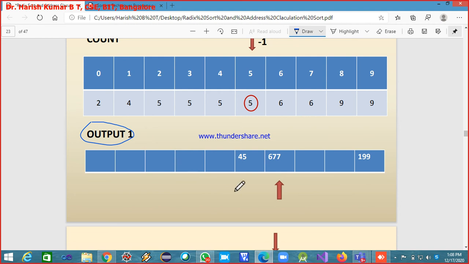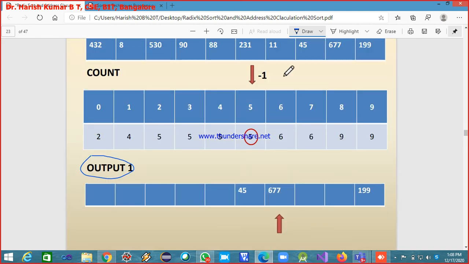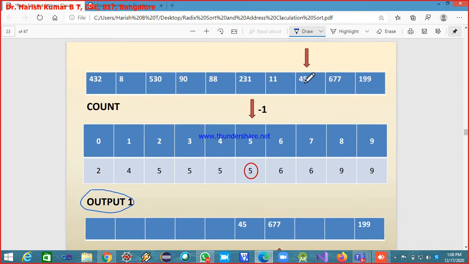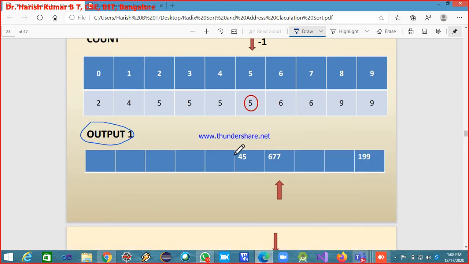Okay. Now, so 45 is taking the position. You can see the arrow. So it is not 231. So 45, from this I am subtracting 1. So I am taking the element 45 and it takes the position 5.